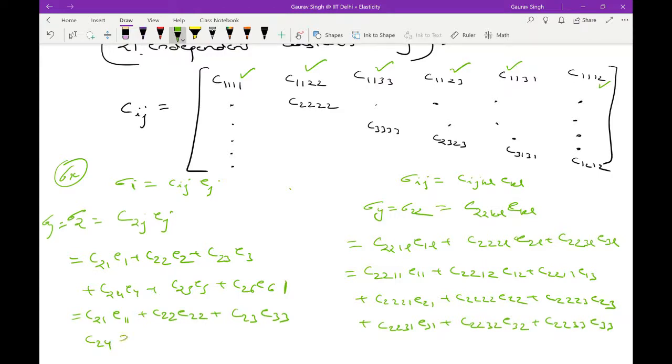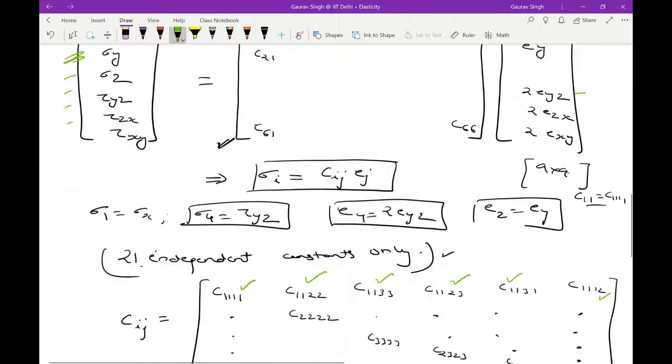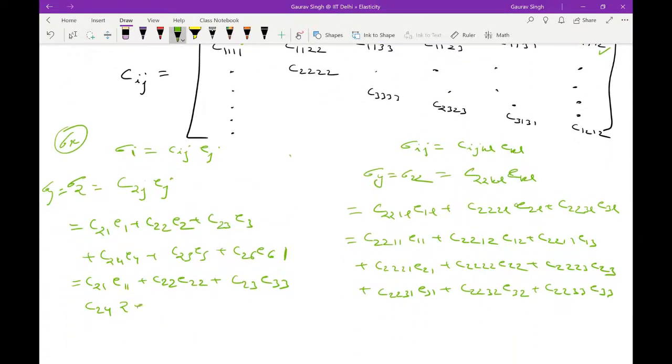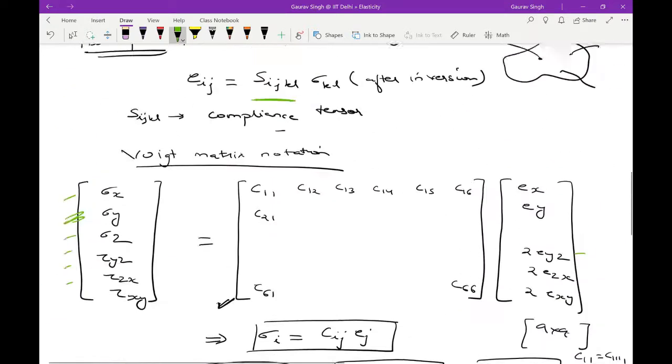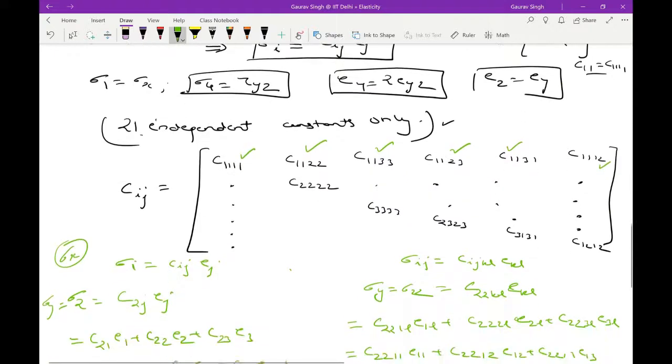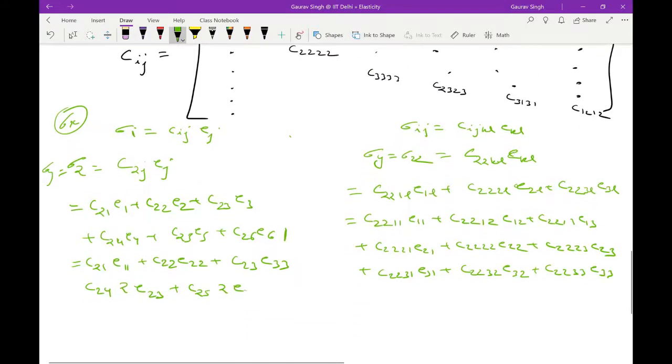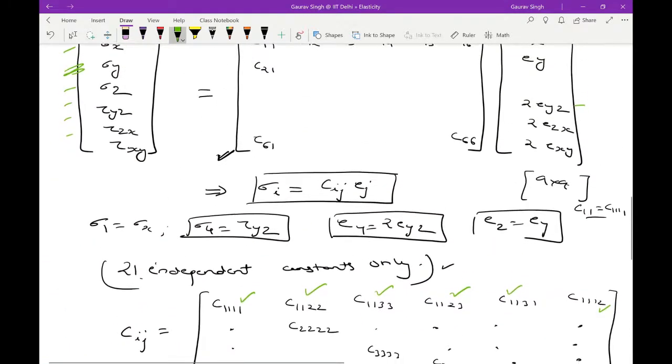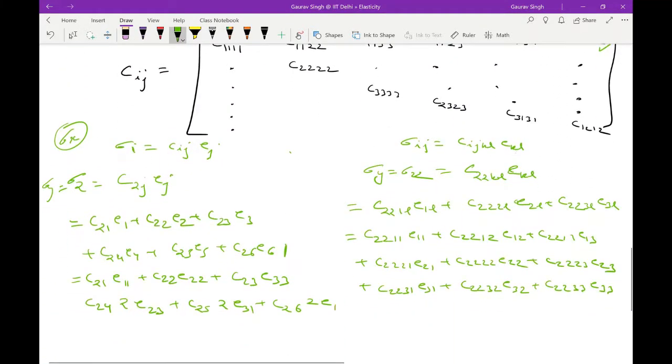C24 will be 2 times E4, which is EYZ, and EYZ is 23, plus C25 is 2 times EZX, which is 31, plus C26 is 2 times E6, which is, sorry, it's not ZX, XY, yeah, 12.